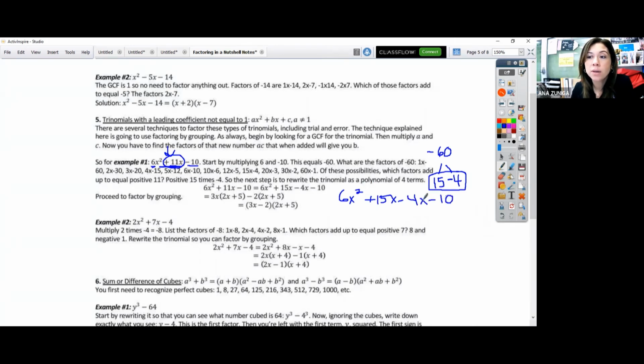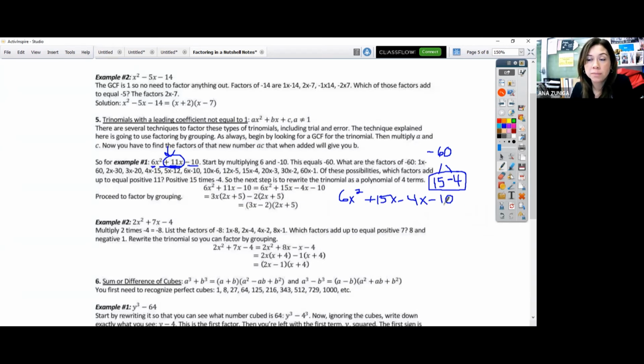So what I'm doing is changing the way the problem looks. I haven't changed the value of the problem because 15x minus 4x are like terms, and if I combine them, I get 11x. So I haven't changed anything except the way it looks. It's like putting a new shirt on. You're still you, okay? So now I've done this so that I can factor by grouping.